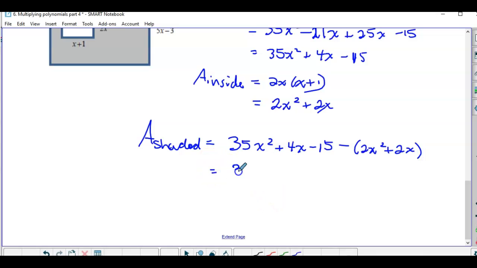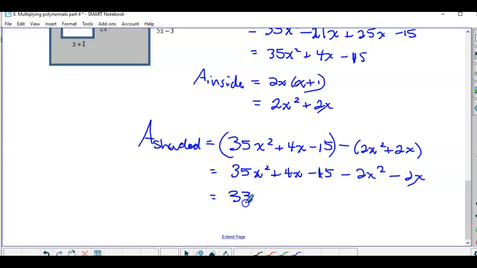Then when you get rid of the brackets, you're going to be minus 2x squared minus 2x. So then when you collect like terms, you'll have 33x squared. 4x minus 2x is plus 2x minus 15. Okay, so just don't forget to change the signs. And that's it.